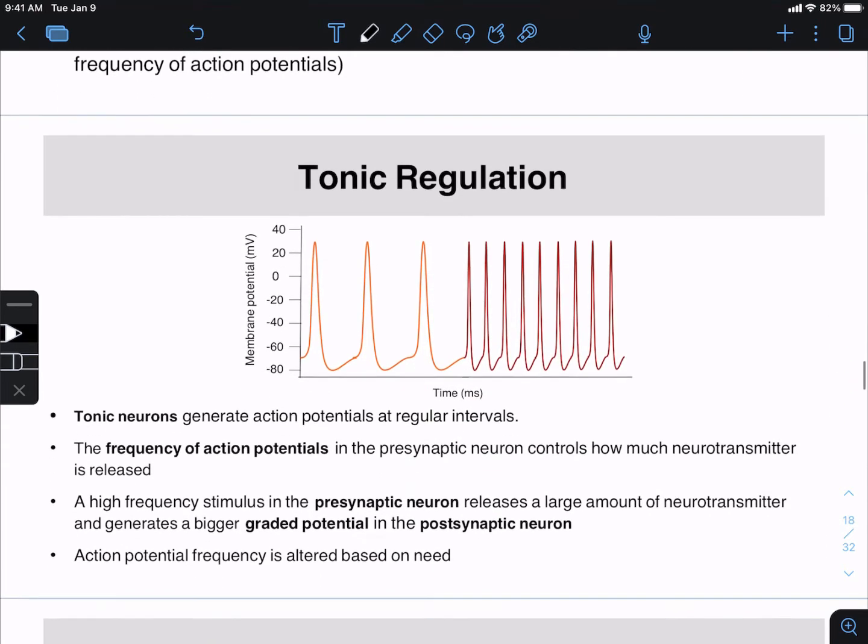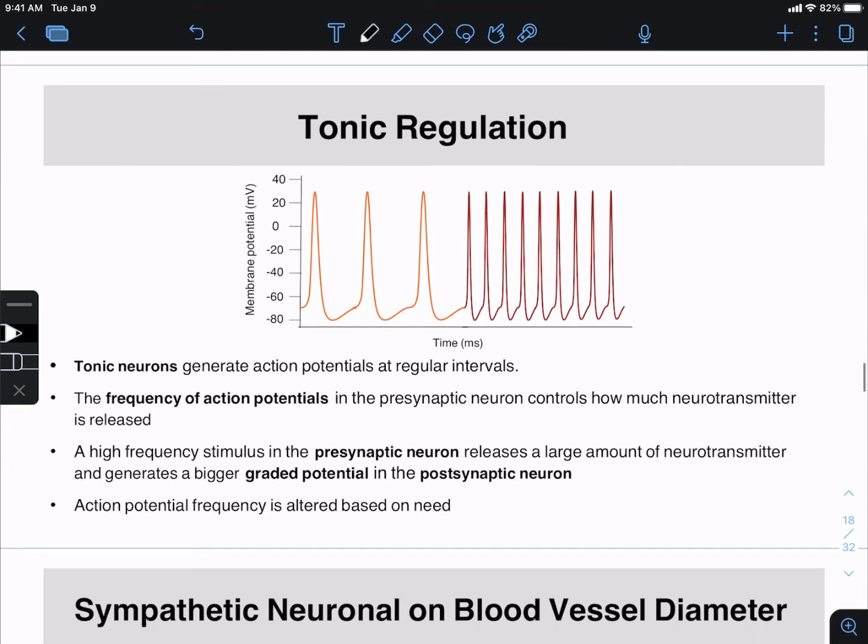So here's a little bit of a better drawing of tonic control. I'm going to show you an example of the sympathetic nervous system and blood vessel diameter, but we're actually going to imagine, since I mentioned it, the bronchioles. So here, this would represent a single action. Let's diagram it. We've got our spinal cord, we've got our parasympathetic nervous system, and that's usually a long neuron, and then we have a short neuron, and we're going to say this synapses with a bronchiole.